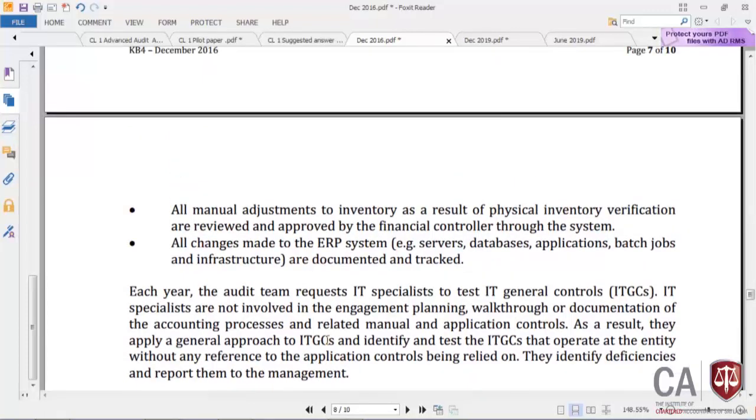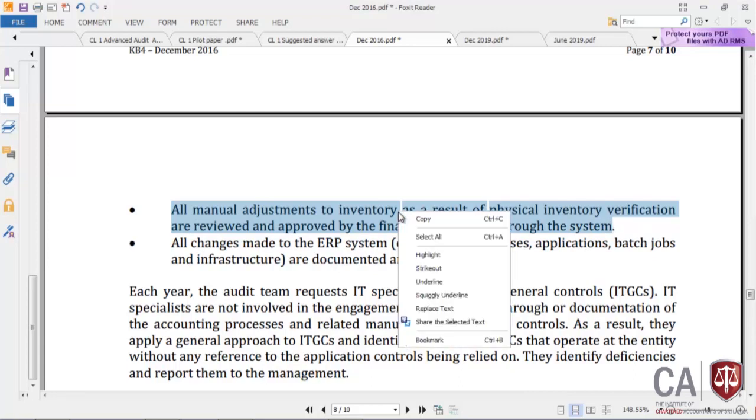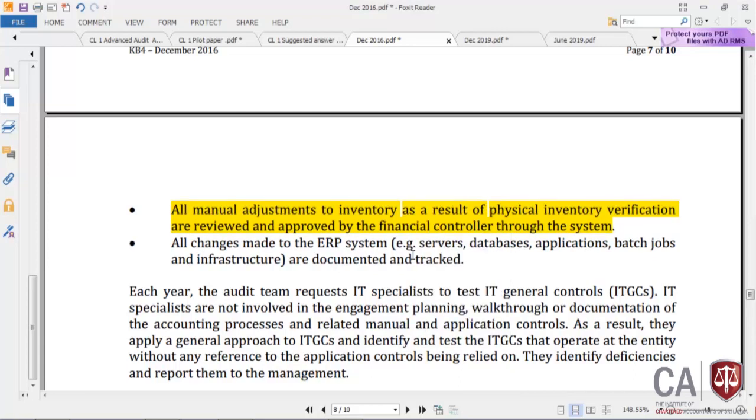Then another two points are there. All manual adjustments to inventory as a result of physical inventory verifications are reviewed and approved by the finance controller through the system. Obviously, the inventory module is an application, so it becomes an application control.